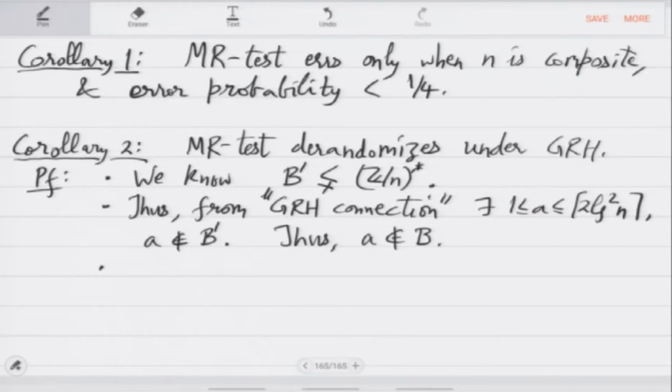So on a composite n, this A is a good certificate.